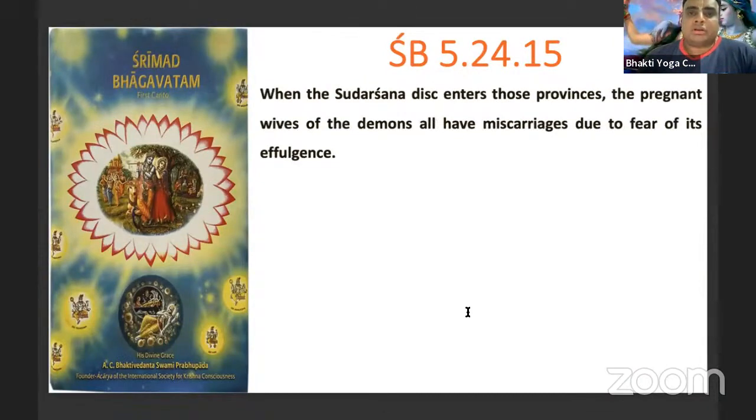When the Sudarshana Chakra enters those provinces, the pregnant wives of the demons all have miscarriages due to fear of its effulgence. So, no matter what, though it may seem like the residents of the lower planetary systems are even more powerful or more advanced compared to the middle and upper planetary systems, they are also stuck in the cycle.